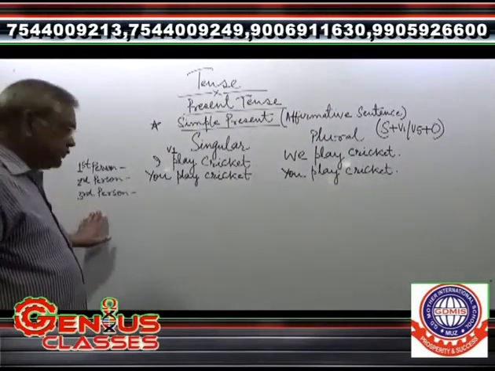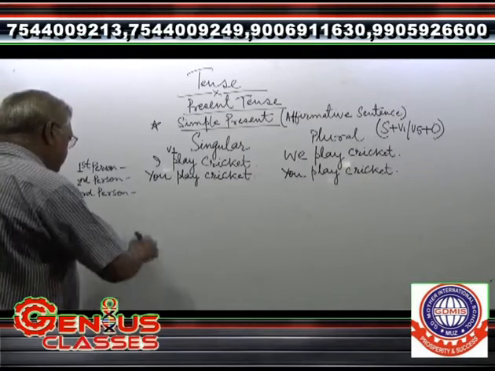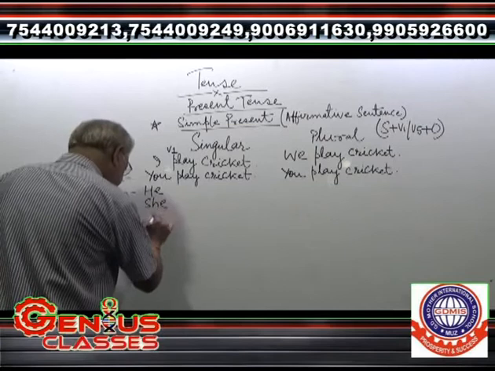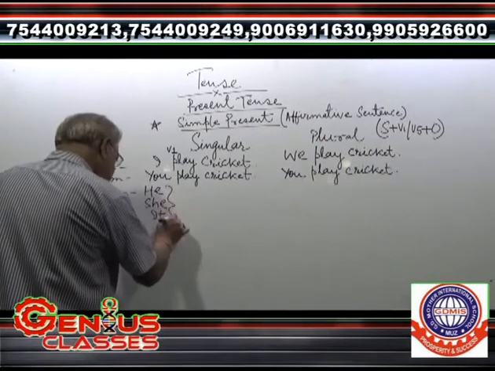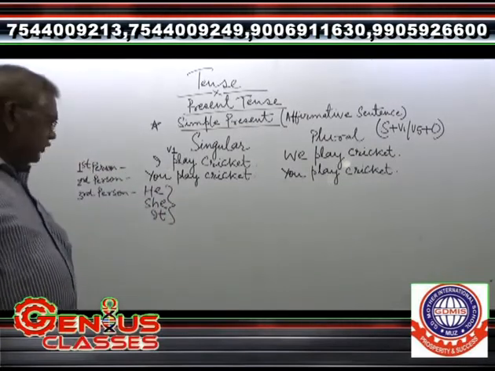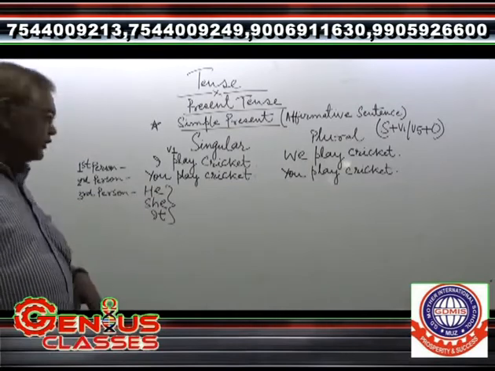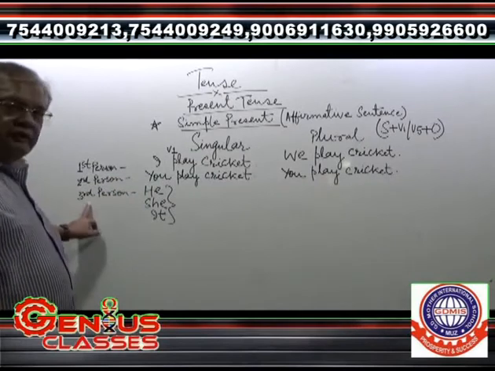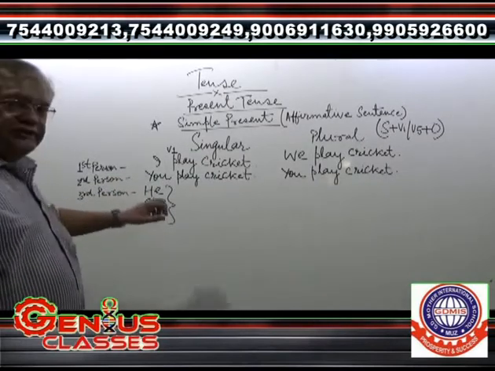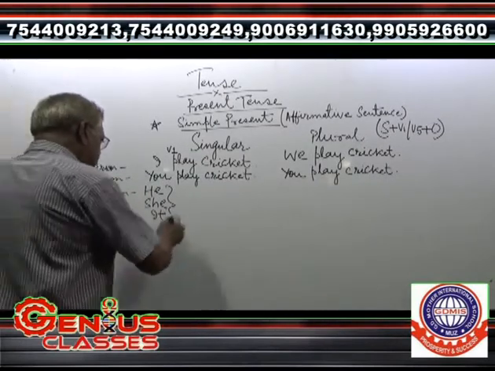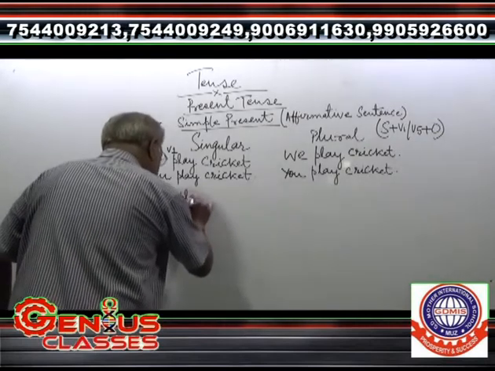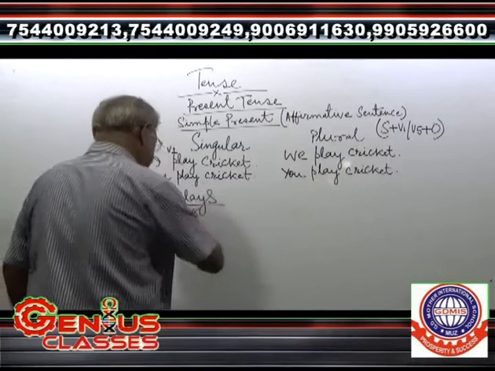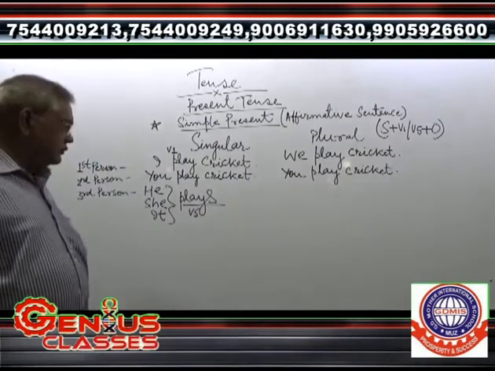Now let us take the third person. Under the third person are he, she and it. These three pronouns are used for the singular number of the third person. He, she, it. So here plays, V5 is used.